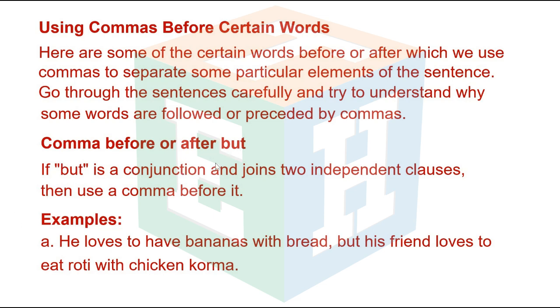If but is a conjunction and joins two independent clauses, then use a comma before it. Examples. A, he loves to have bananas with bread, but his friend loves to eat roti with chicken korma.